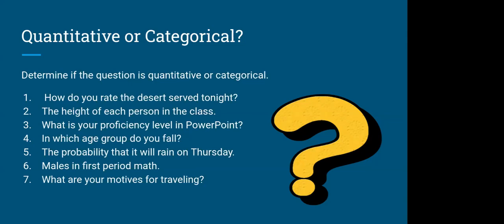What about the second one? The height of each person in the class. Categorical or quantitative? Quantitative. Is it continuous or discrete? Discrete. So that means that I cannot claim my other 9 3/4 inches.